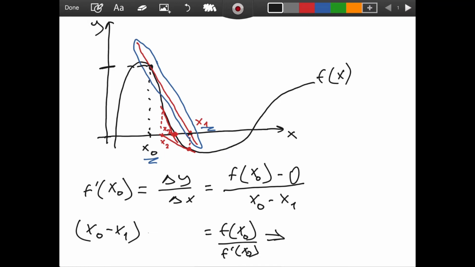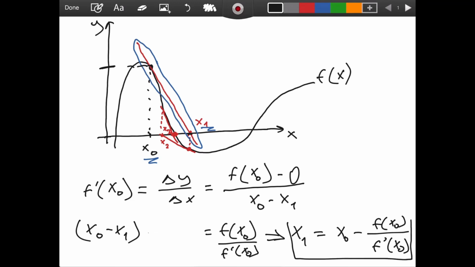So if we add x1 to both sides and subtract that ratio, we will get that x1 is equal to x naught minus f of x naught divided by the derivative at point x naught. And this is actually the formula for using Newton's method.